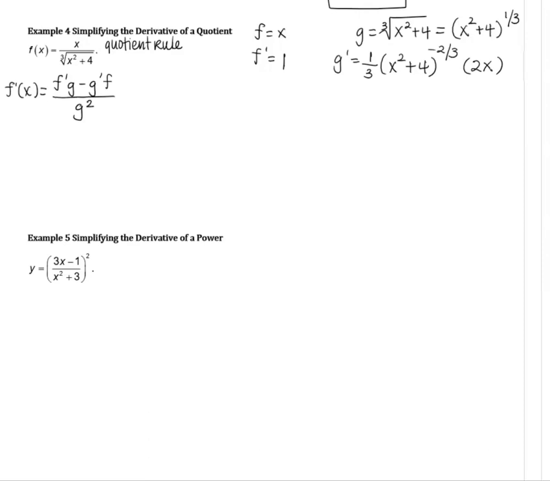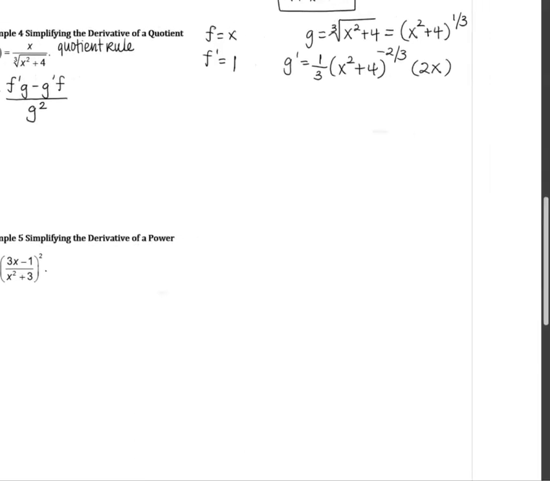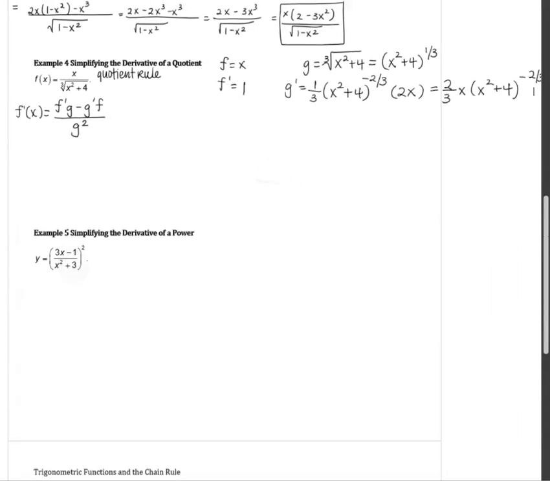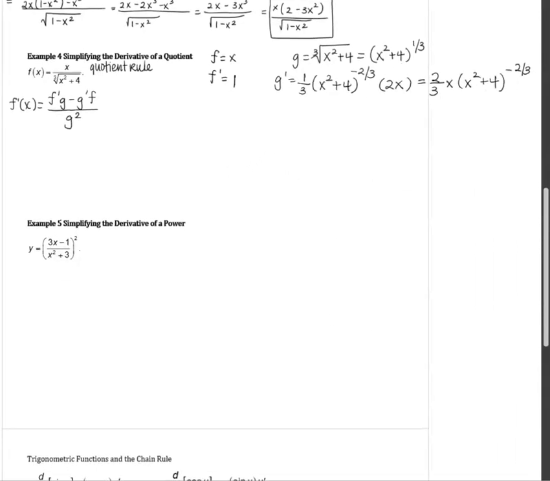So now I'm going to simplify this g prime. Okay, and I know that this still has the negative exponent in there. We could fix that now or later. I'm going to choose to fix it later and go ahead and plug it in to the quotient rule here. So we have f prime g, which will be 1 multiplied by this cube root, so that's not going to change anything.